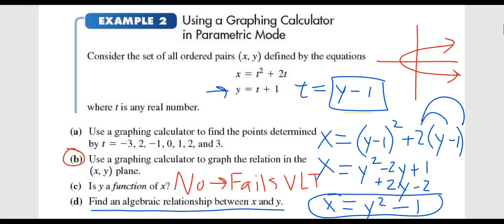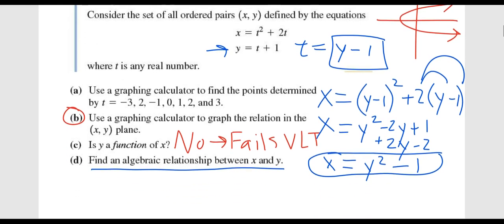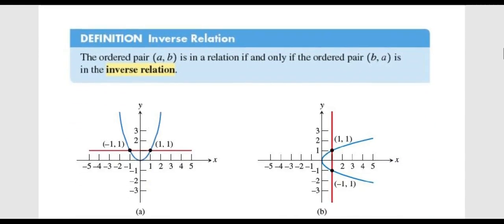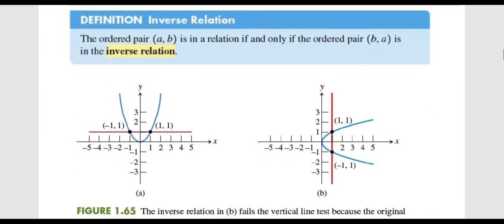And obviously you probably noticed from a very early point, even when you were graphing this, that all they did was switch the x and the y. Got a parabola on the left.